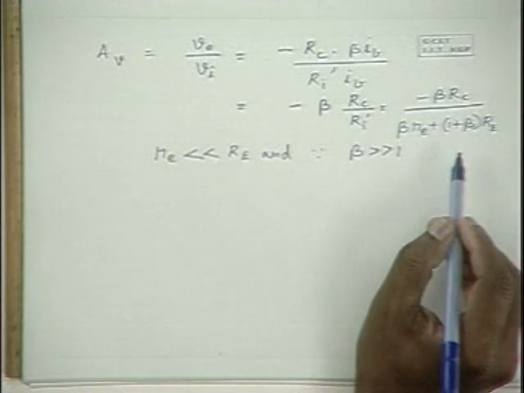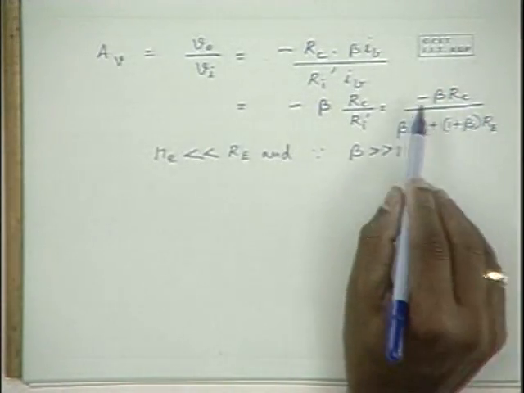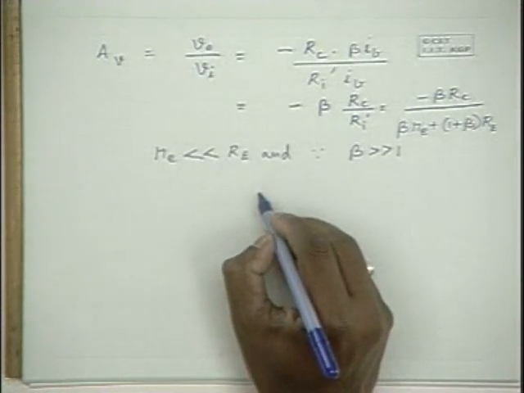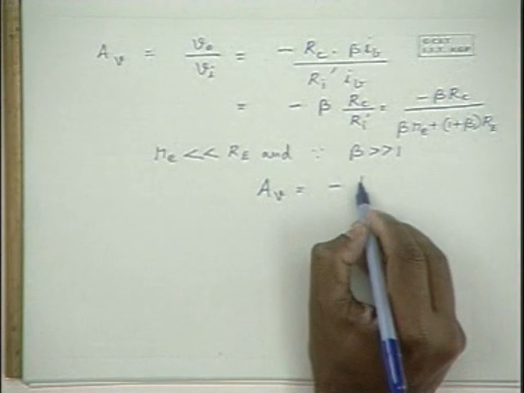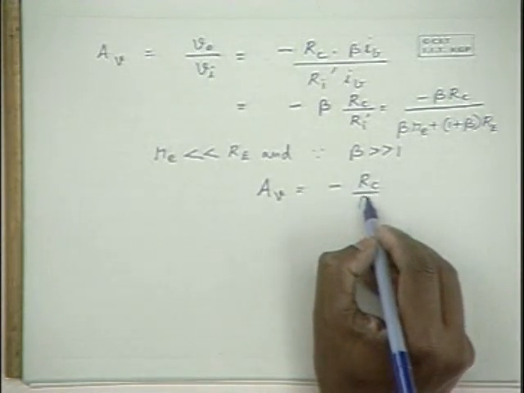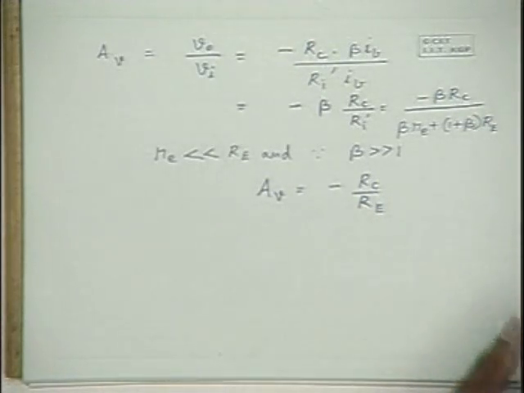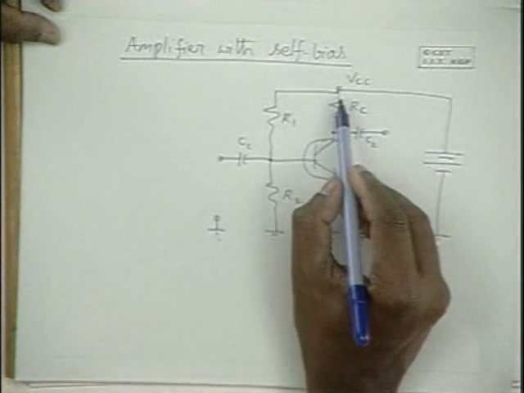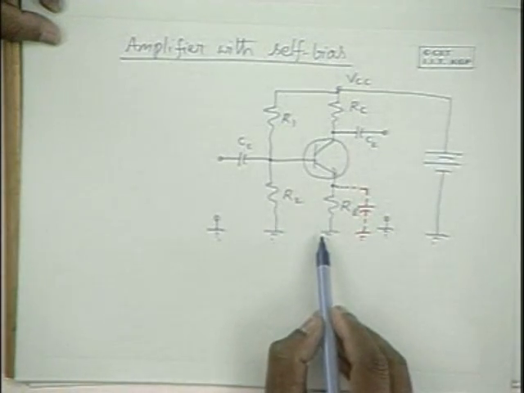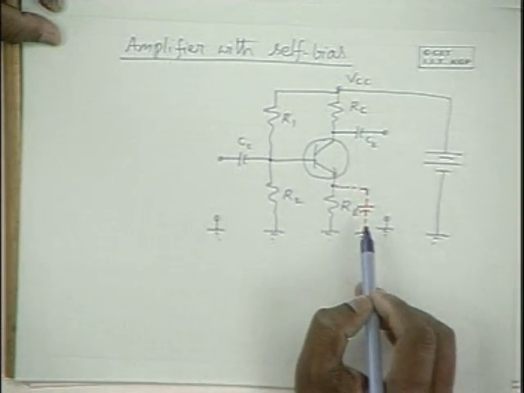You can neglect this compared to this, and beta and 1 plus beta are almost equal. Therefore, the voltage gain is going to be minus RC by RE. This is because almost the same current flows through this. IB is negligibly small compared to IC and IE.